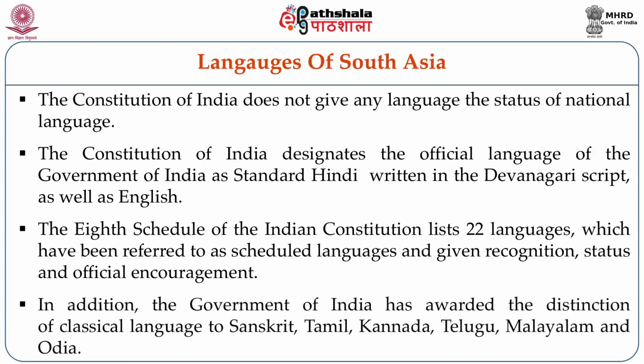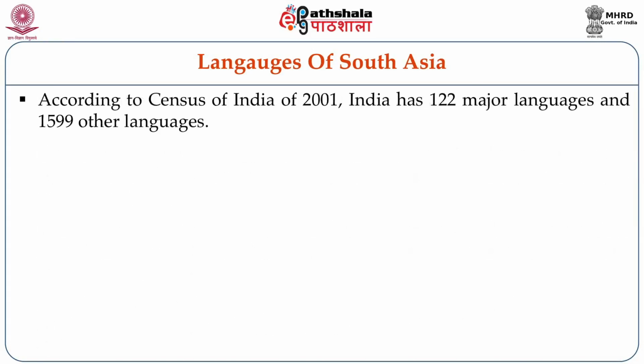In addition, the Government of India has awarded the distinction of classical language to Sanskrit, Tamil, Kannada, Telugu, Malayalam and Odia. According to Census of India of 2001, India has 122 major languages and 1599 other languages.